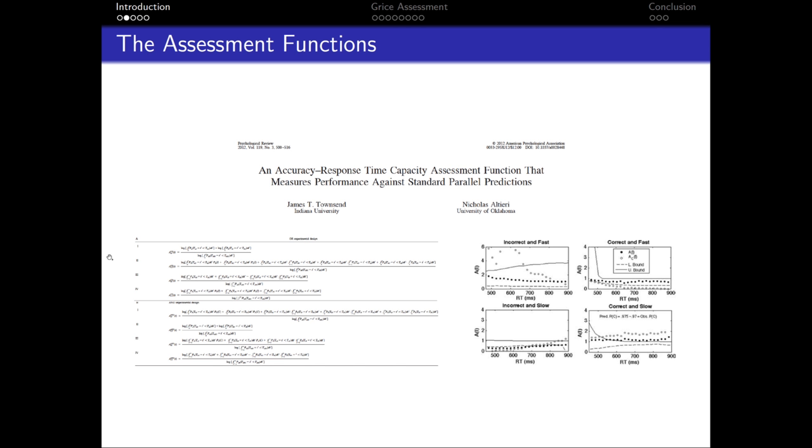And the rough idea here is that there's a prediction of performance of the USIP, unlimited capacity independent parallel model, and then performance is plotted relative to that model, where a higher level indicates more efficient, a lower level less efficient, and that's a positive thing for correct response times, and perhaps undetermined for whether the incorrect response assessment functions are higher or lower than the baseline prediction.